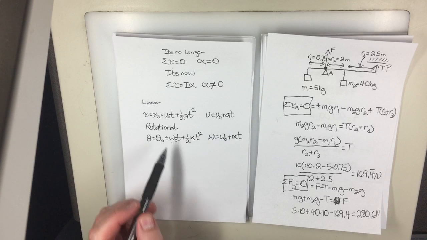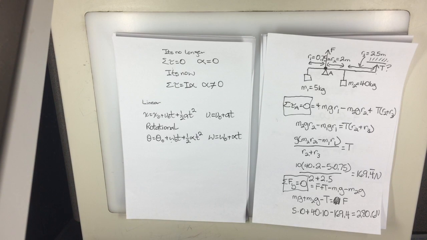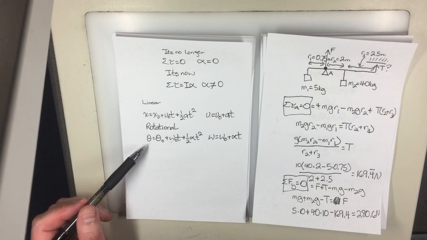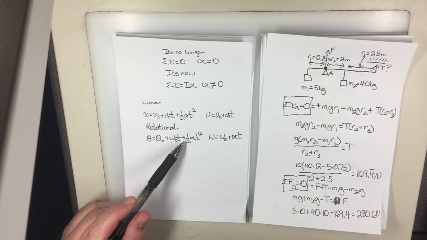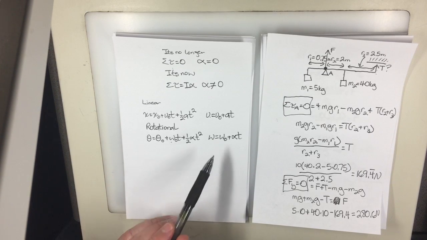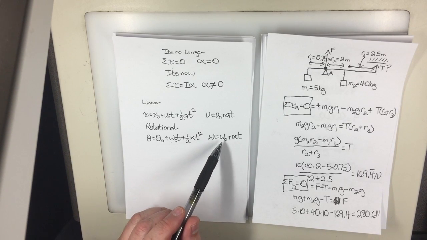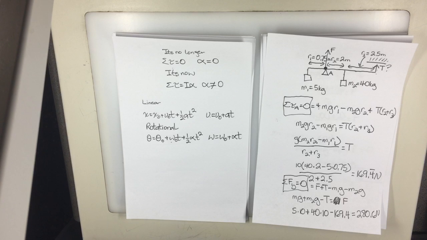These two equations are critical for understanding what goes on. The final angle is the initial angle plus omega naught t plus 1/2 alpha t squared. Omega is equal to omega naught plus alpha t.